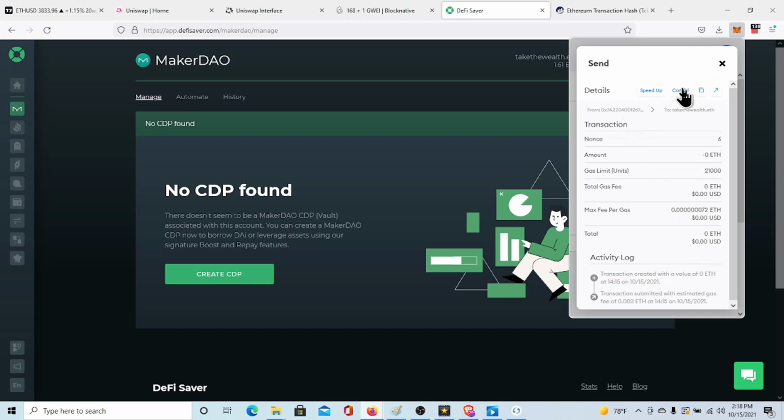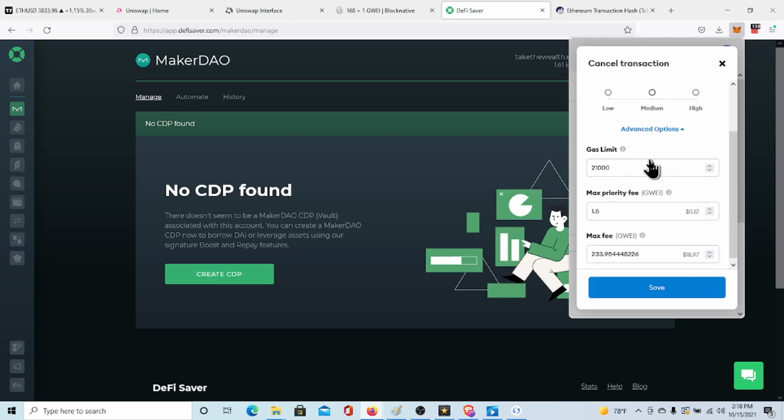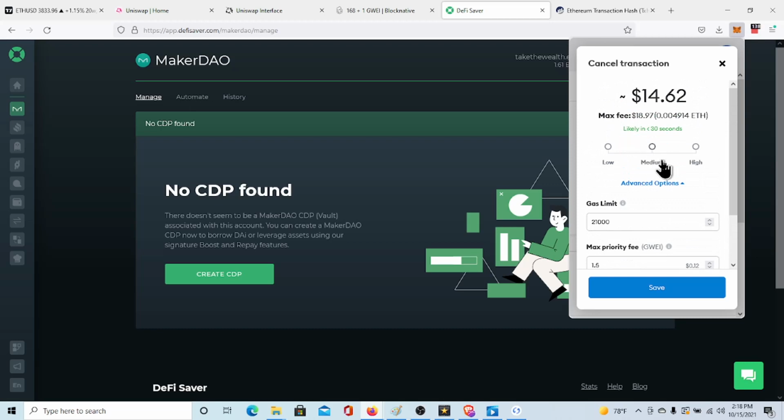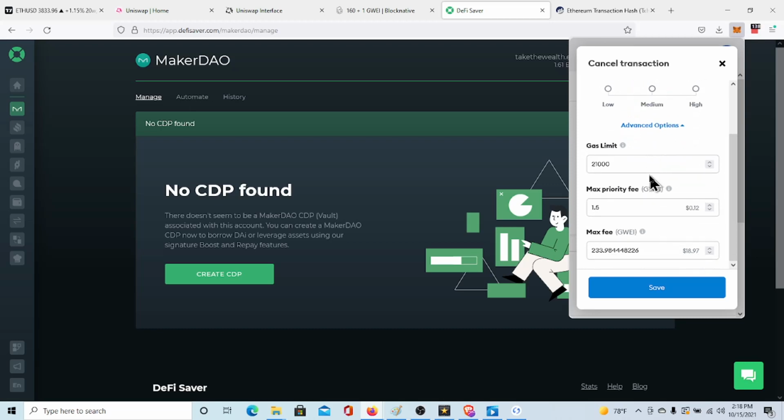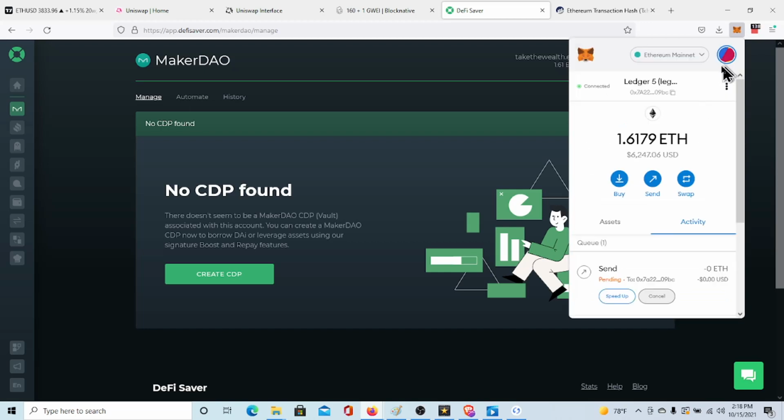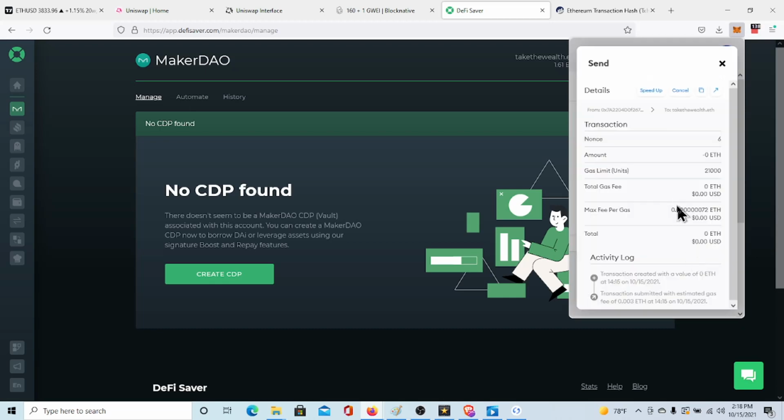So we're going to cancel. Now what canceling does is, all it does is send a 0 ETH transaction to yourself, and you want to get that transaction in before your previous transaction with the same nonce. Now a nonce, you can see the nonce here. Nonce is 6. A nonce is just a number only used once.